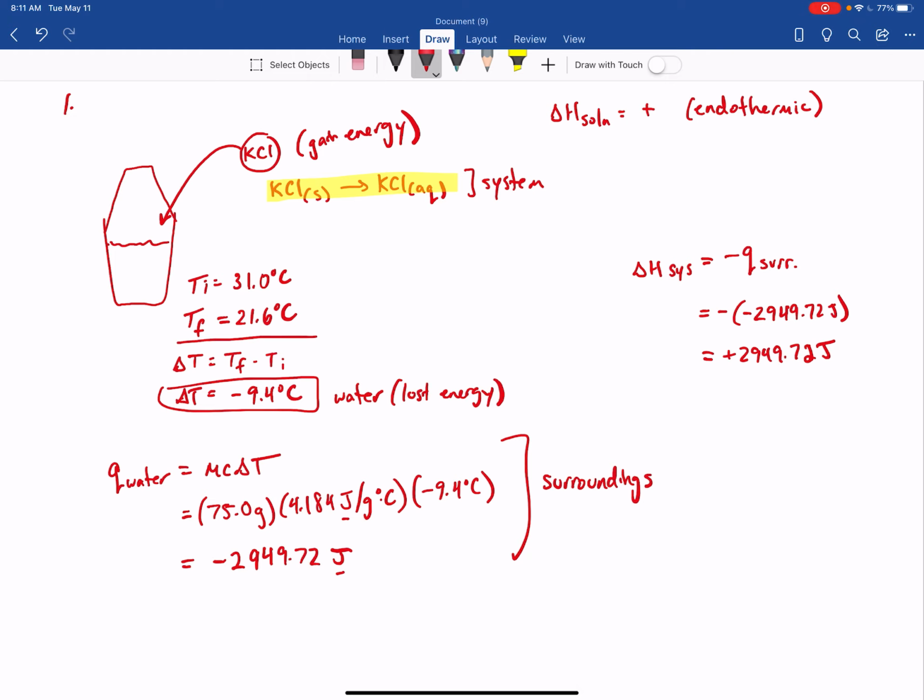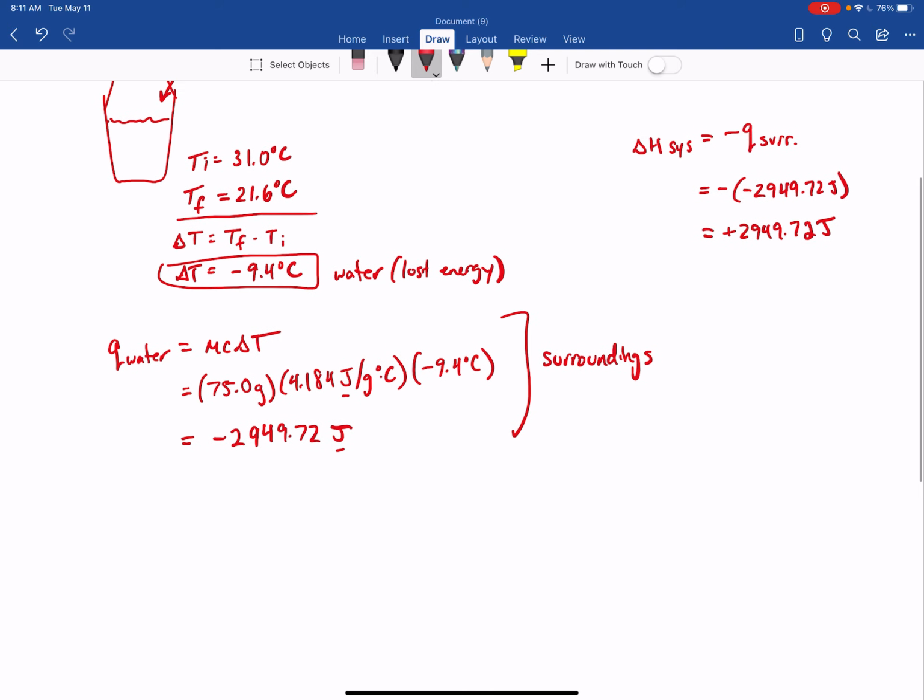That's our enthalpy value. We're not being asked for the molar enthalpy, but if we were, we can just divide that by the moles of potassium chloride involved. So to state our final answer, potassium chloride as a solid plus 2,949.72 joules produces potassium ions and chloride ions in aqueous solution.